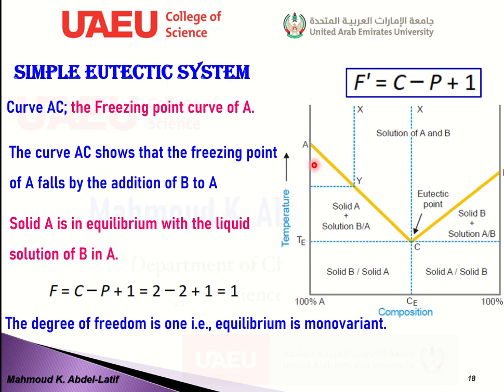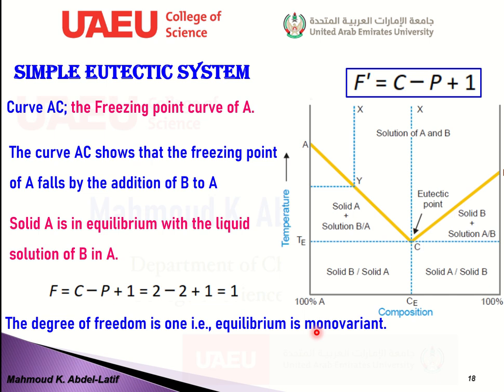If you apply the phase rule at that line, you have two phases. So you have two components minus two phases plus one, and you end up with one. So the system is monovariant at that line, and also at that line. The degree of freedom is one, i.e. the equilibrium is monovariant.